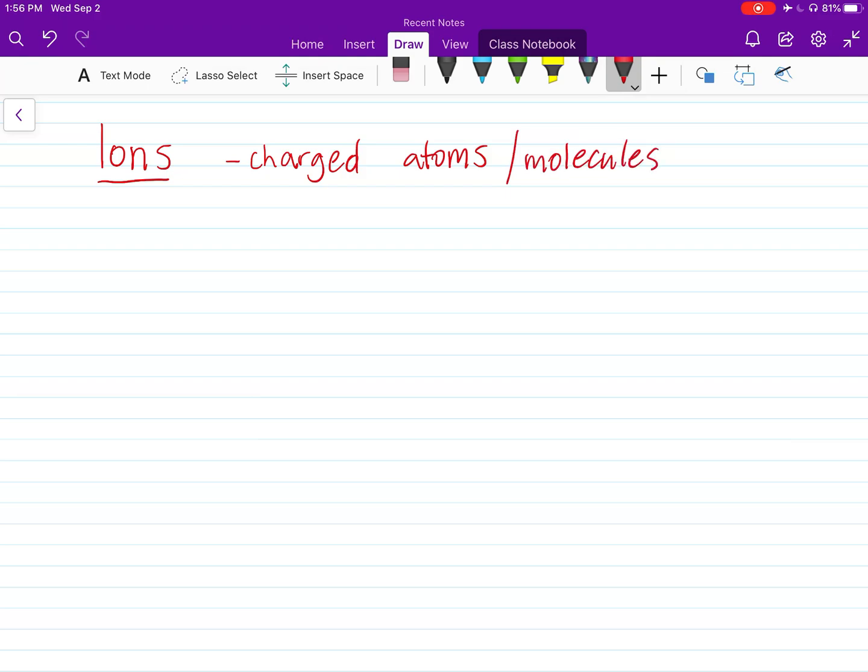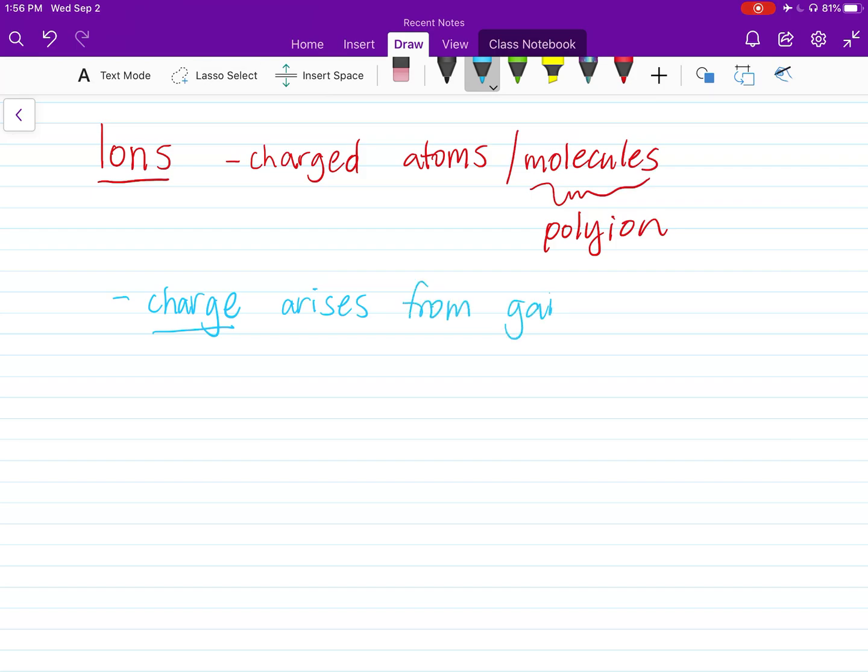When you have a charged molecule instead of an atom, you would call that a polyion, and we'll learn about that in a subsequent chapter. The charge arises from the gain or loss of electrons. That is very important. The charge arises from the gain or loss of electrons relative to the fixed number of protons in the nucleus.